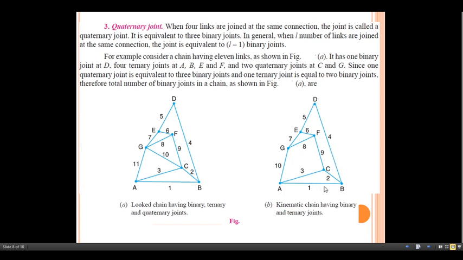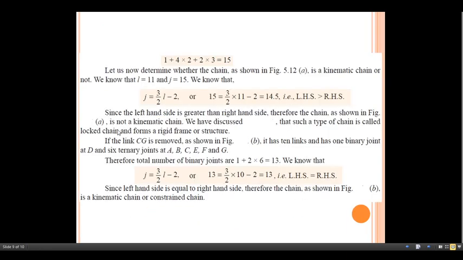Apart from this one, just focus on the ternary joints: 1, 2, 3, then 4, 5 and 6. Here we have 6 ternary joints and 1 binary joint. If you look at this diagram, the quaternary joint is not available.